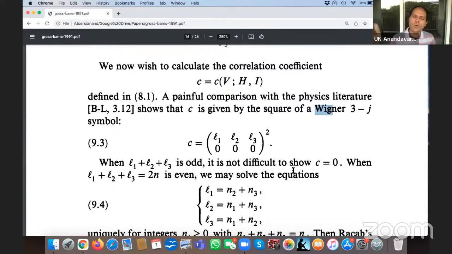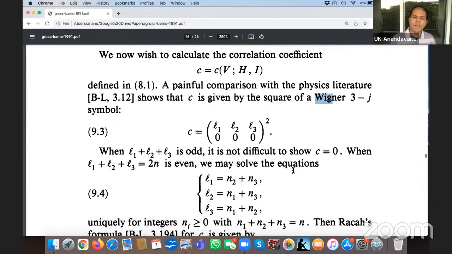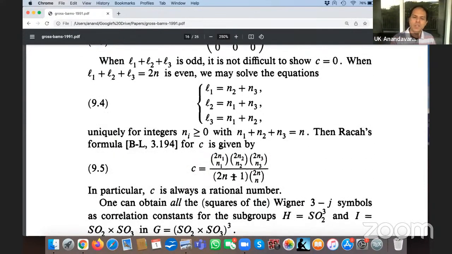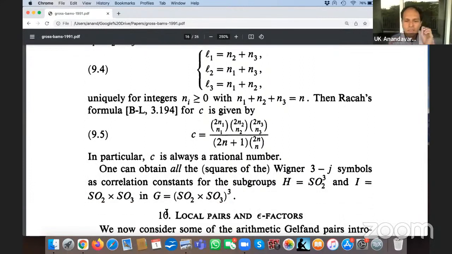They do it in their own way, with one complicated way of computing these coefficients, but this coincides with the correlation coefficient for these compact groups. B is this particular thing, H is SO2 embedded diagonally, and I is SO2 cross SO3. So Gross computes this, and it actually matches with the Racah-Wigner coefficients coming in physics.